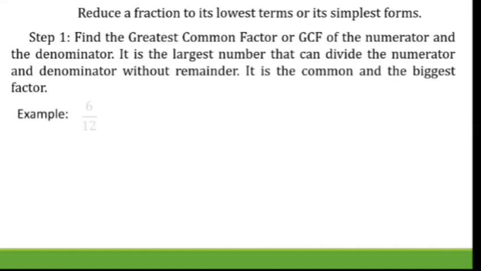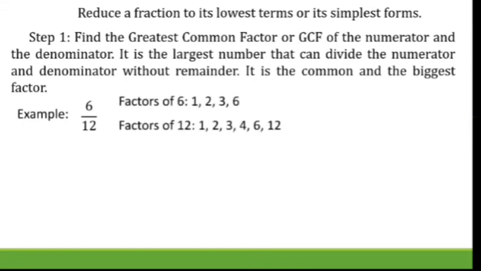Example, we have 6 over 12. So, paano natin kukunin yung GCF niyan? Siyempre, kunin muna natin yung factors of 6 and 12. So, yung factors of 6 are 1, 2, 3, 6. Ang factors naman ni 12, 1, 2, 3, 4, 6, 12.